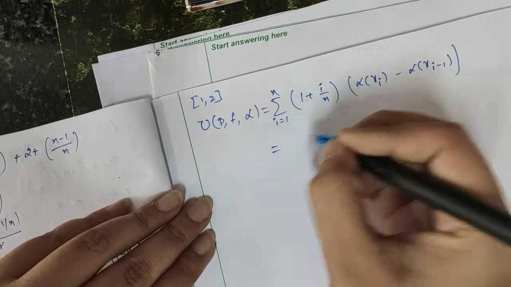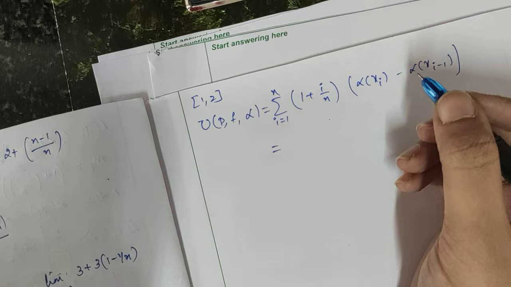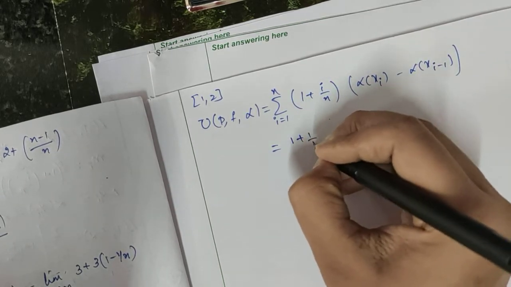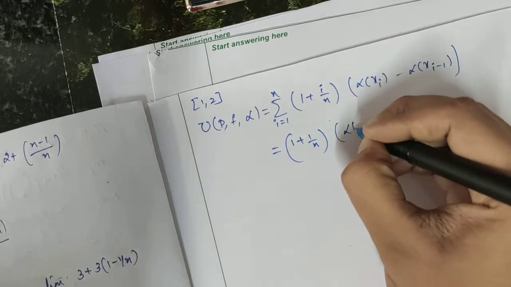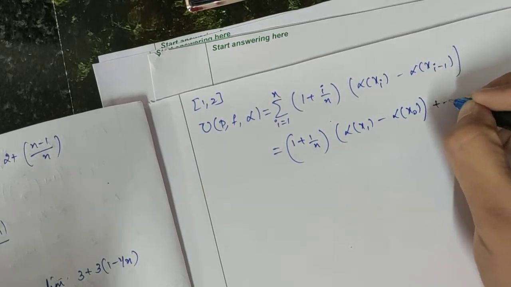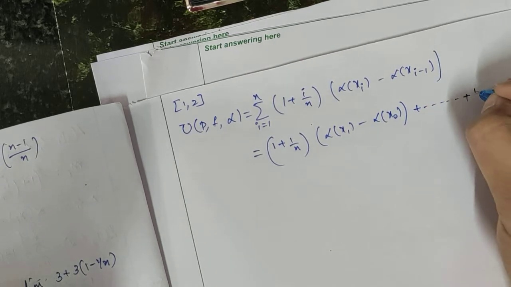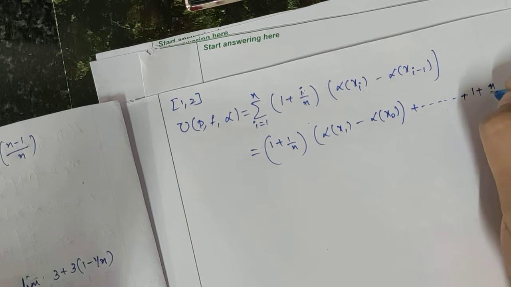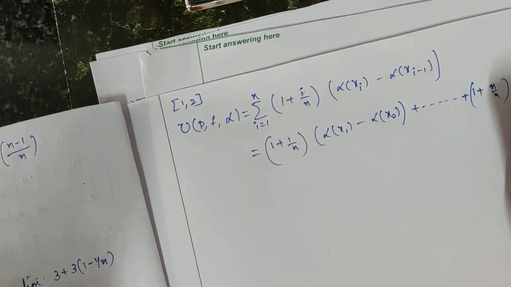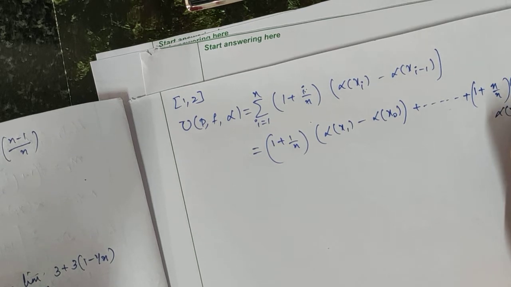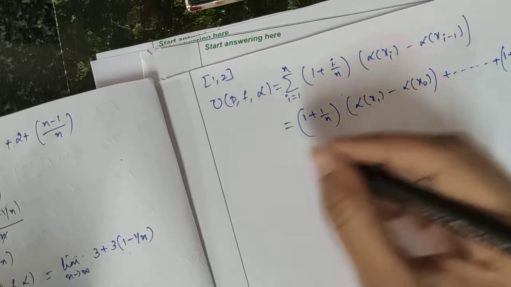After expanding the summation, you will be getting 1 plus 1 by n into alpha of x1 minus alpha of x0, plus so on up to 1 plus n by n, you can write it in this way, into alpha of xn minus alpha of xn minus 1.